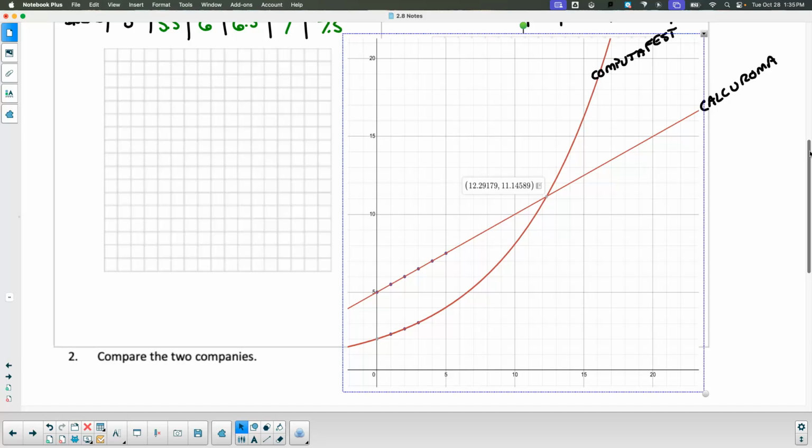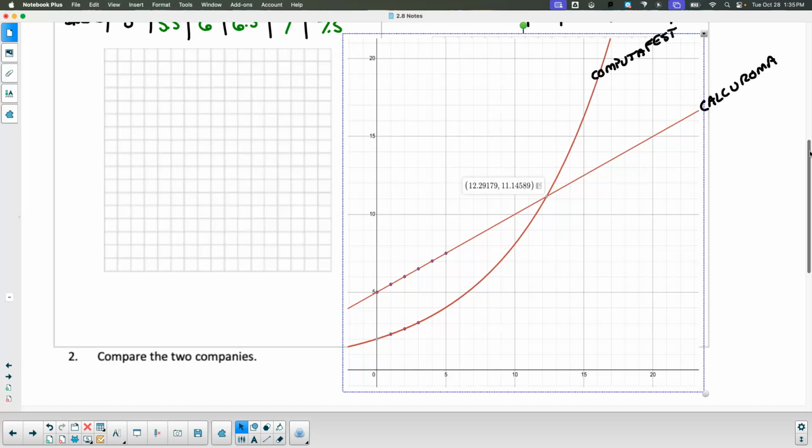Okay, anybody got another thought on how to invest your money? Don't get me wrong, I agree. Over time, Computer Fest is the better investment. But if it's only for a little bit of time, then Calcurama would be better because it's higher.